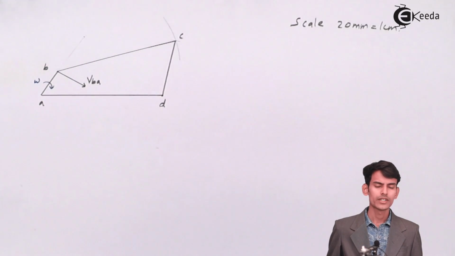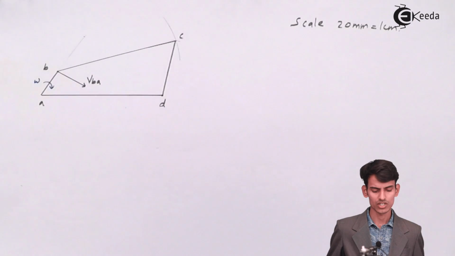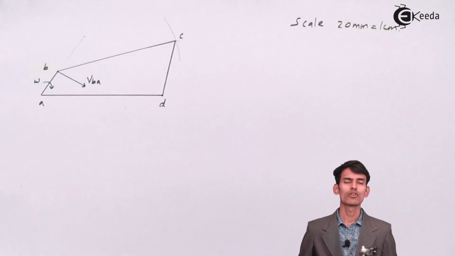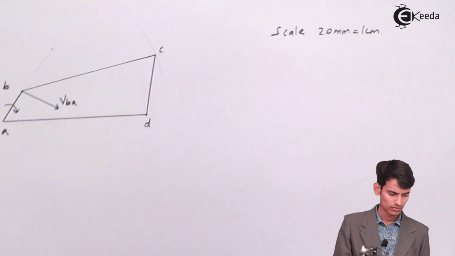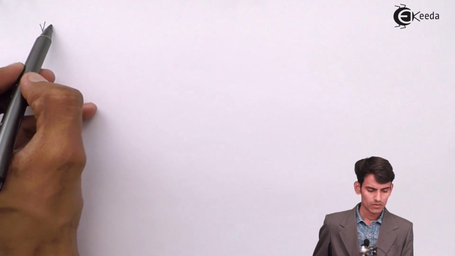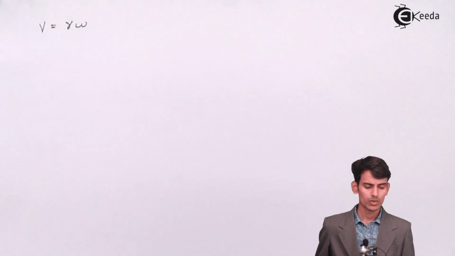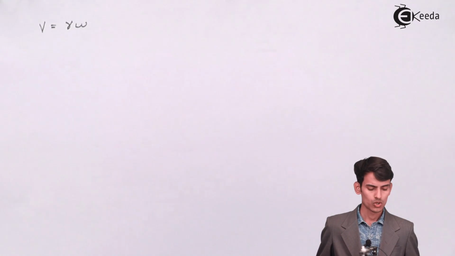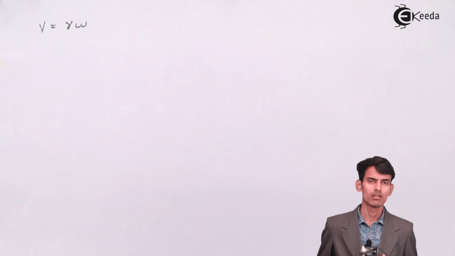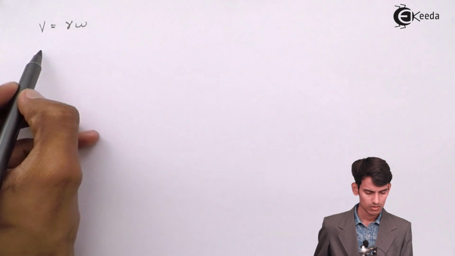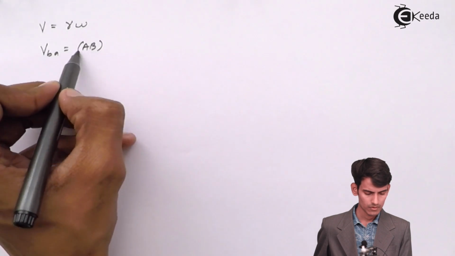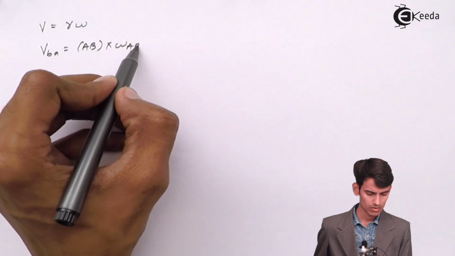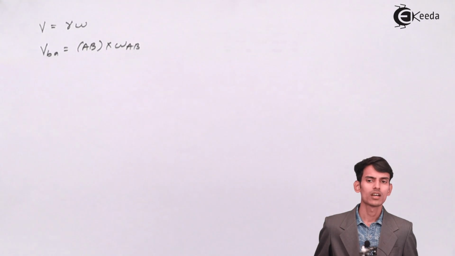So I've drawn the velocity of B with respect to A. It will have this direction. Now we can find the magnitude of the velocity of B with respect to A. V is equal to R times omega, so the velocity of B with respect to A will be AB into omega AB. But the value of omega AB is not given.